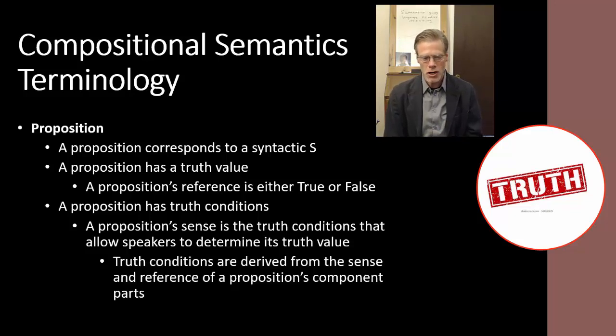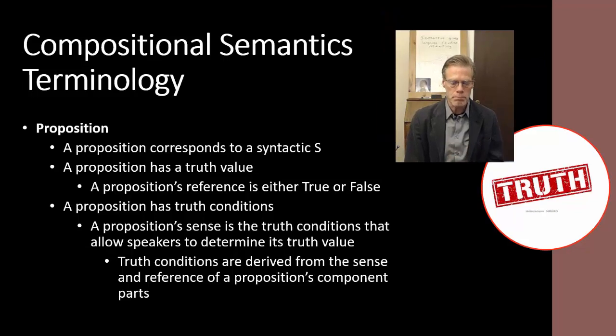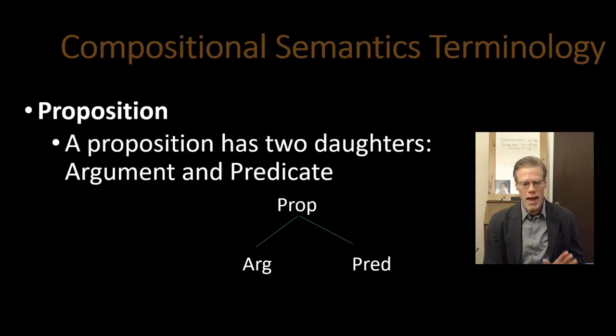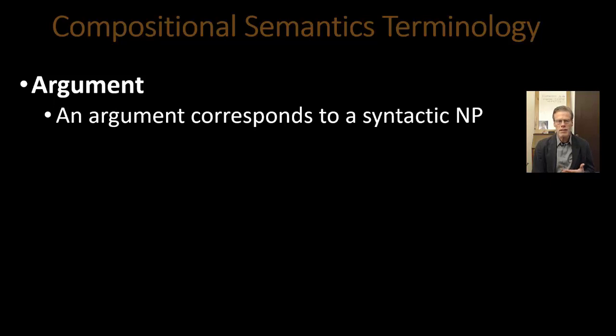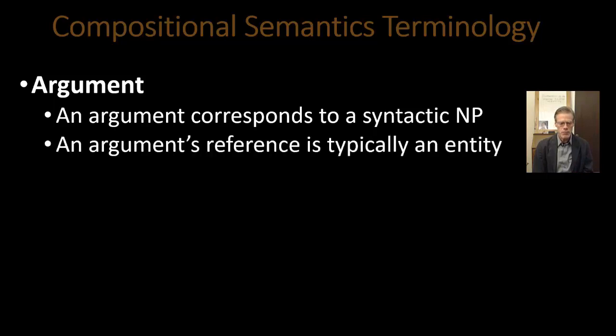The truth conditions are derived from the sense and reference of a proposition's component parts. A proposition has two daughters, an argument and a predicate. Again, this is fairly similar to what we say about a sentence, that a sentence consists of a noun phrase and a verb phrase. So the argument, to start with, is the corresponding element in semantics to a syntactic noun phrase.